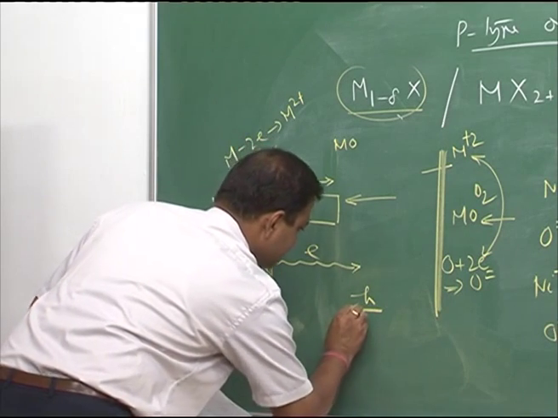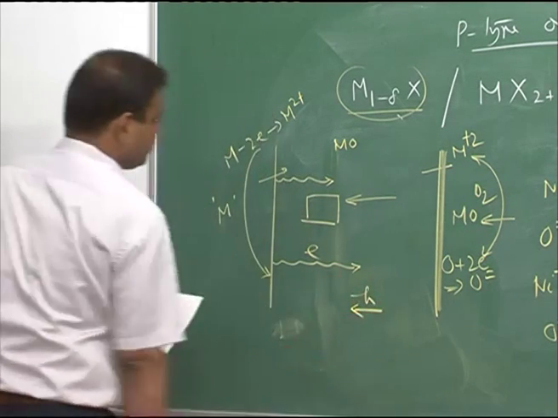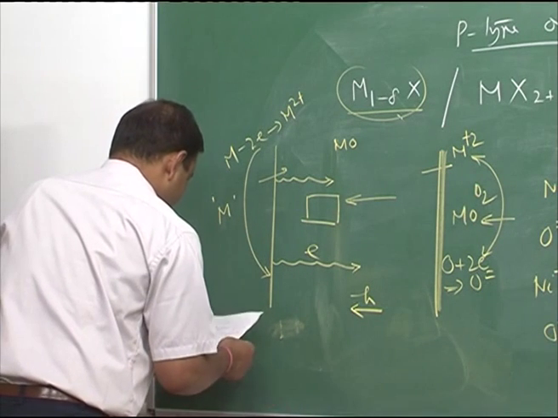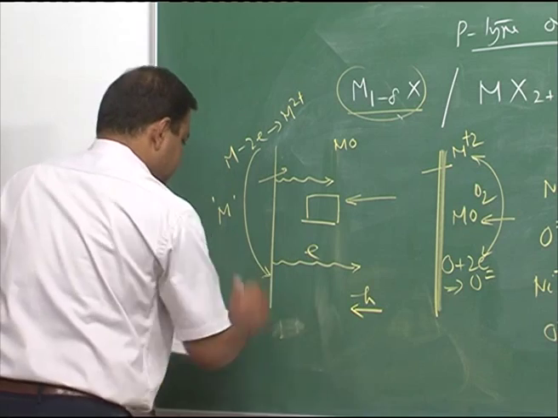So, the hole will try to move this way and the electron will try to move this way. So, now there will be a hole and electron interaction.